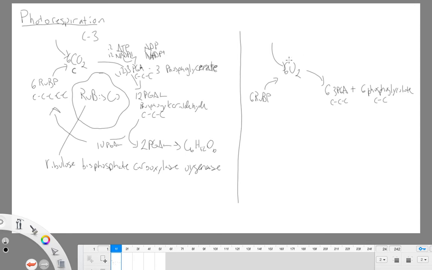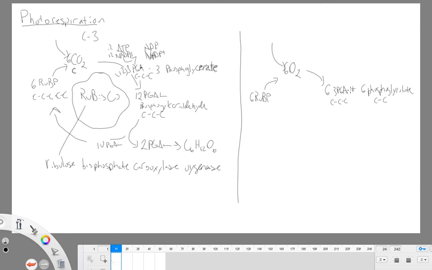So automatically we have something different here in this process. Instead of our RuBP combining with carbon dioxide, it's combining with oxygen. As a result, we're only producing 6 of these 3-PGAs instead of 12, and then we're producing 6 of this other molecule called phosphoglycolate.